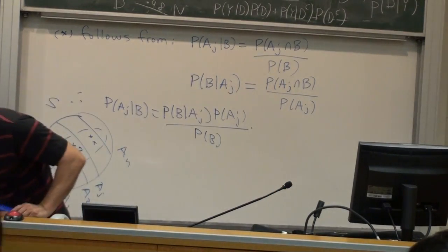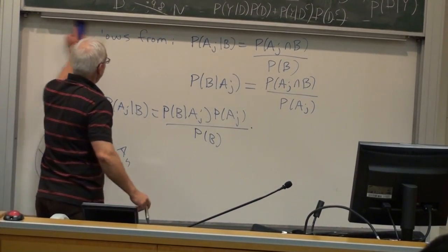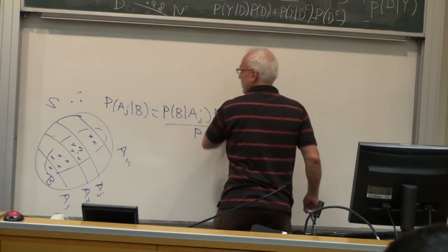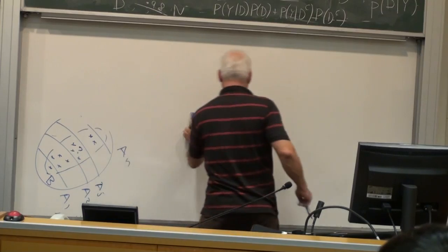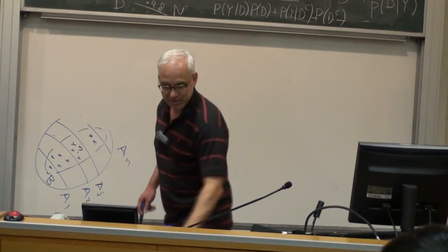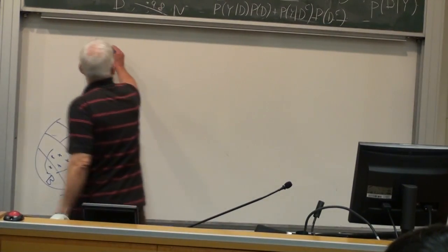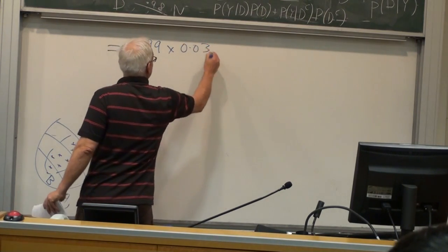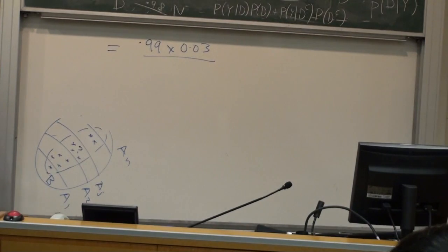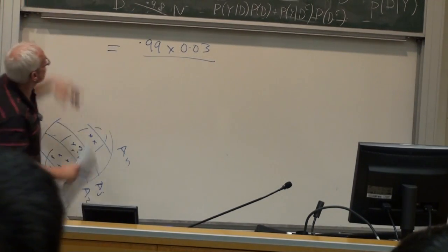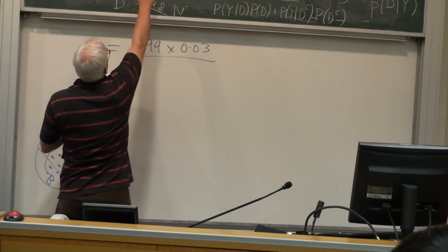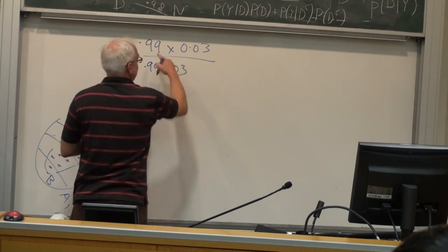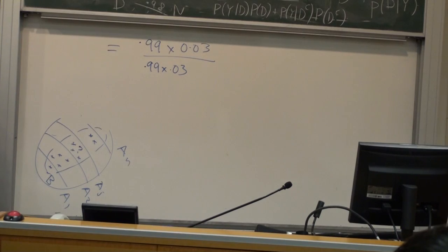And I know the tension is unbearable. What is the probability of us really having the disease? We have to do the computation. So there's a 0.99 up at the top times 0.03, and on the bottom we have to multiply by these two chains. So there's y given d, that's 0.99 times 0.03, the same thing that appeared there.